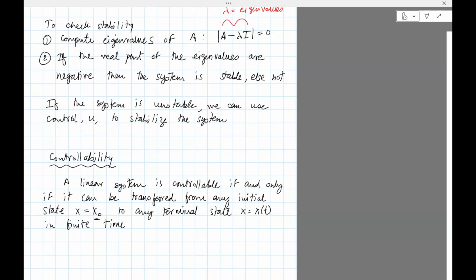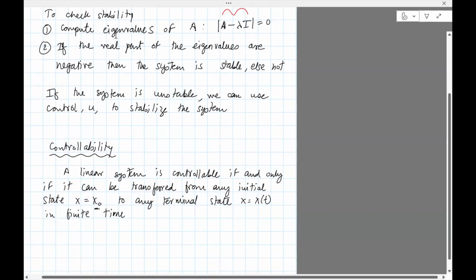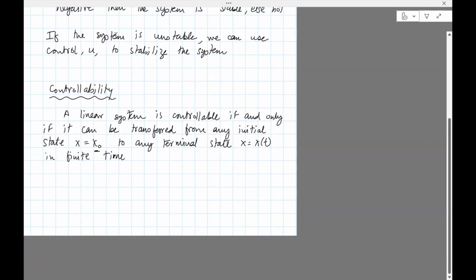That's not very useful in terms of computing if a system is controllable, but there's actually an easy way to compute controllability. I will not go through the derivation. This is something we can check quickly in the control system toolbox in Python.